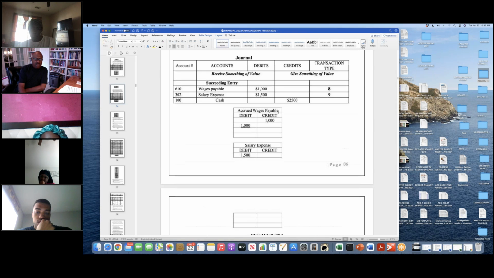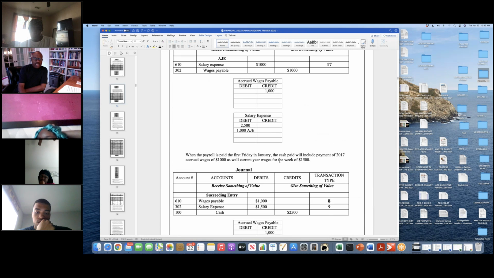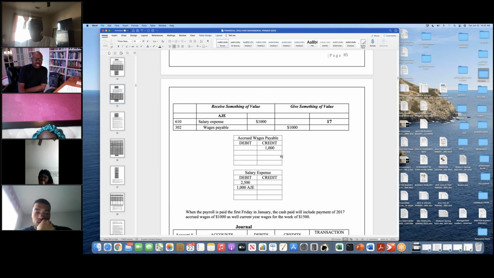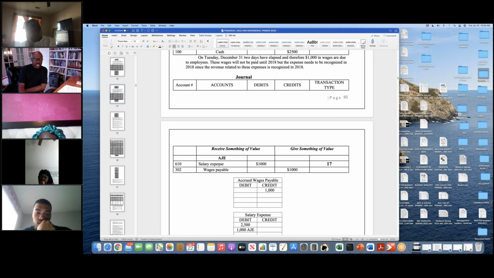Since the workers are getting $500 a day for those 2 days, we're going to make this adjusting entry, debiting salary expense and crediting wages payable. Salary expense, wages payable for those 2 days.